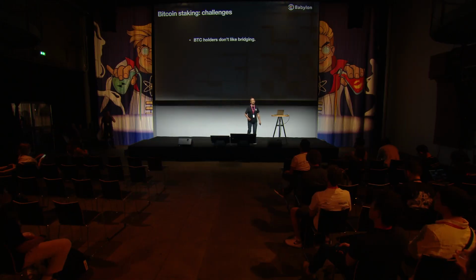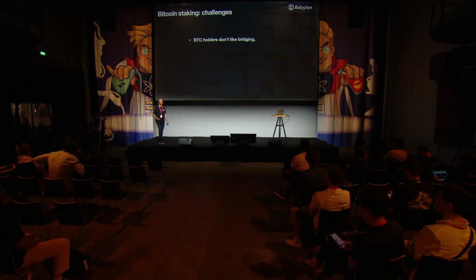And this prevents a relatively technologically simple solution to the BTC staking problem, which is to bridge the BTC asset from the BTC chain to, say, Osmosis or to any proof-of-stake chain, and then use that as a staking asset on the chain. That would be a possible solution, but because of this first constraint, we had to rule it out. So no bridging of BTC to the proof-of-stake chain.